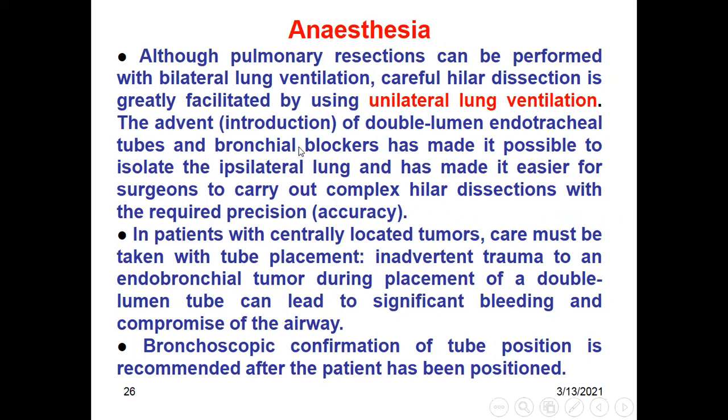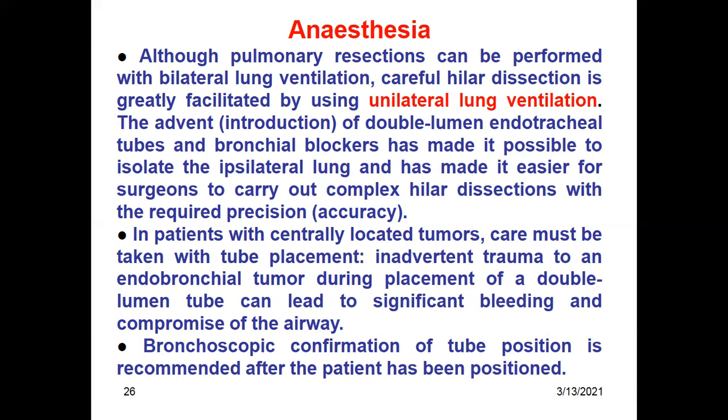The introduction of double lumen endotracheal tubes and bronchial blockers has made it possible to isolate the ipsilateral lung and has made it easier for surgeons to carry out complex hilar dissections with required accuracy. So using one lung ventilation gives us a better exposure and a safer opportunity to do hilar dissection.